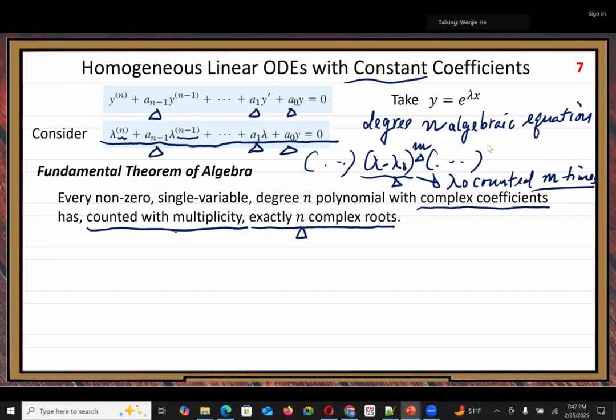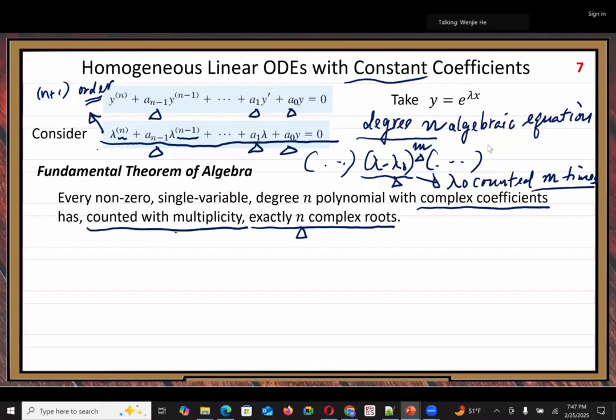Here we use degree, but if you use order, the meaning is different from degree. For an algebraic equation, not an ODE, the order would be n plus 1. If you talk about degree, we say degree n. They are different.